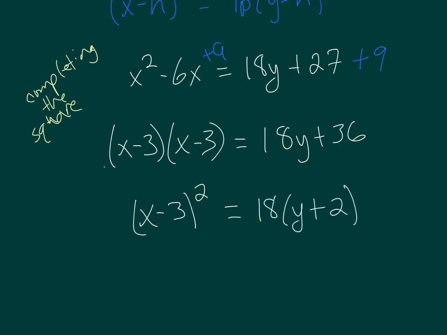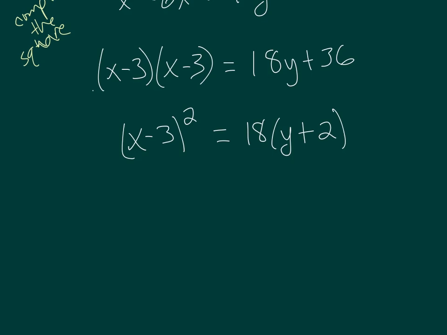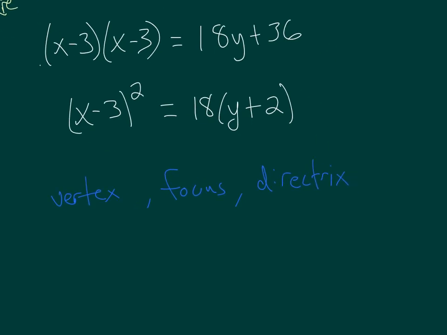Alright, now this looks like something that is in our standard form that we know. You can then find the vertex, you can then find the focus, you can find your p-value, which will help you get your focus and your directrix, and you can also find the axis of symmetry.